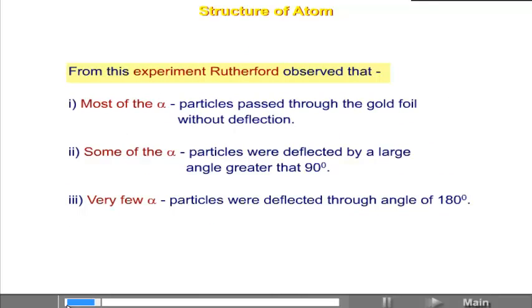From this experiment, Rutherford observed that first one, most of the alpha particles passed through the gold foil without deflection. Second one, some of the alpha particles were deflected by a large angle greater than 90 degrees.